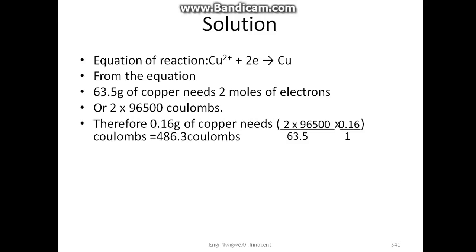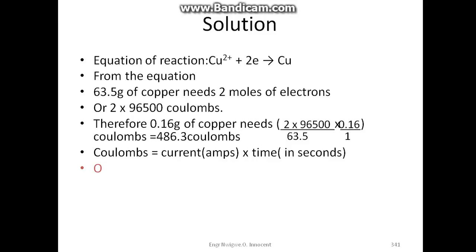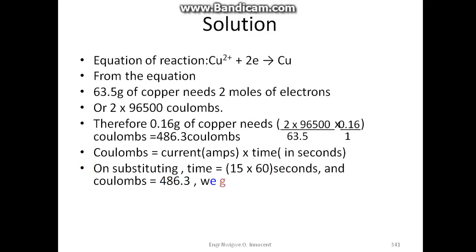486.3 coulombs. Coulombs equal to current in amps times time in seconds. Substituting time, we have 15 times 60 to convert it to seconds, and coulombs is 486.3.